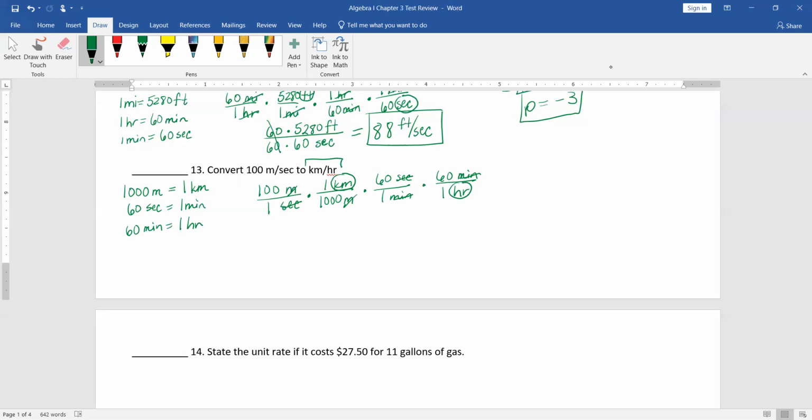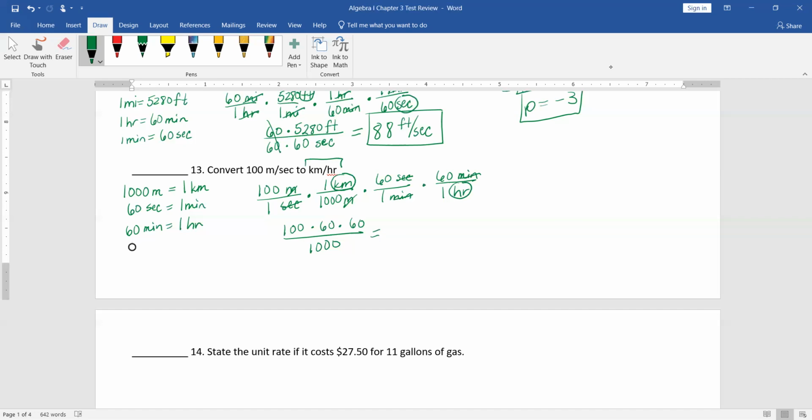So we're good. 100 times 1 is just 100, so we can eliminate all of the ones and simplify. So 100 times 60 times 60 divided by just 1,000. When you do 100 times 60, just add up your zeros.